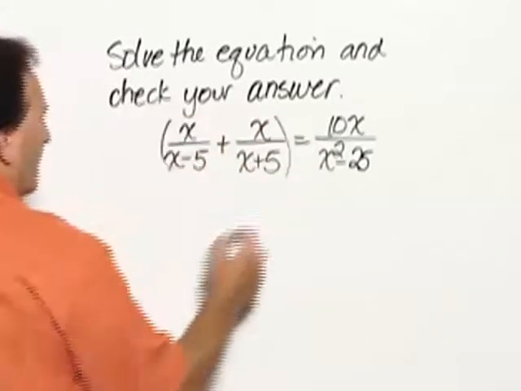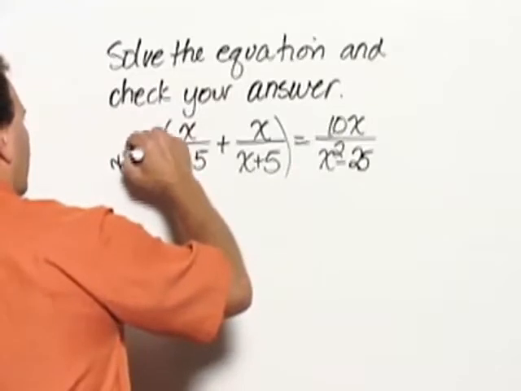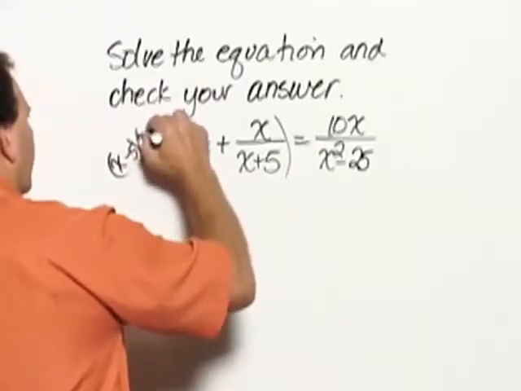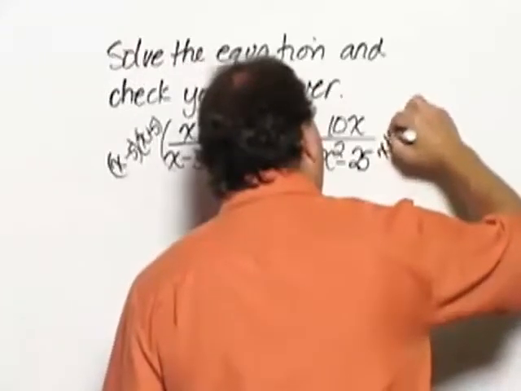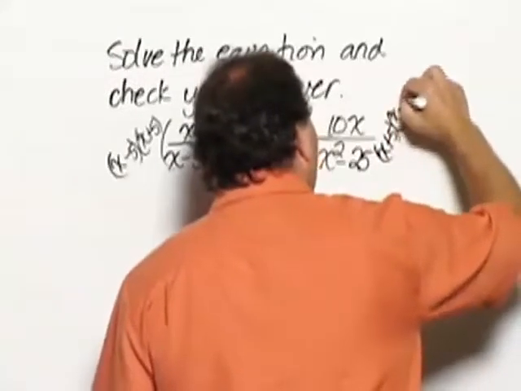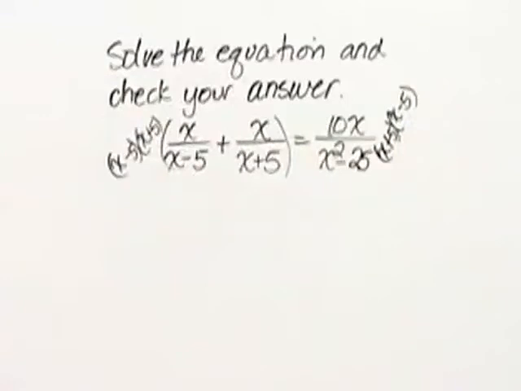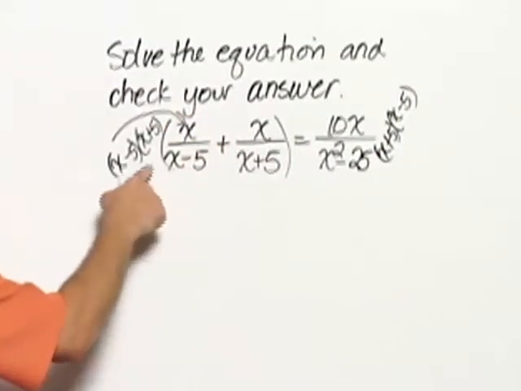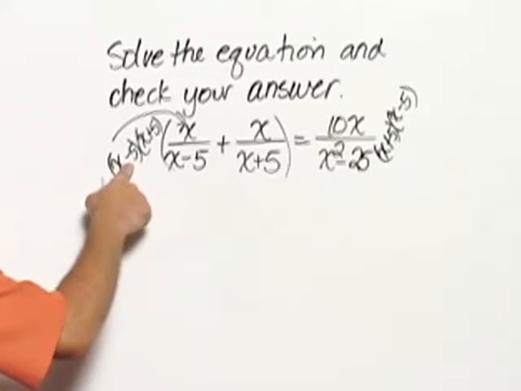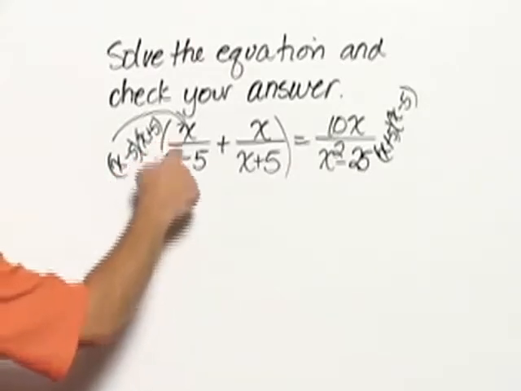So we want to multiply both sides by x minus 5 times x plus 5. Same thing here, multiply by x plus 5 times x minus 5. So on this side, we distribute. When we do so, the x minus 5 will cancel the x minus 5, and that leaves us with x plus 5 times x.